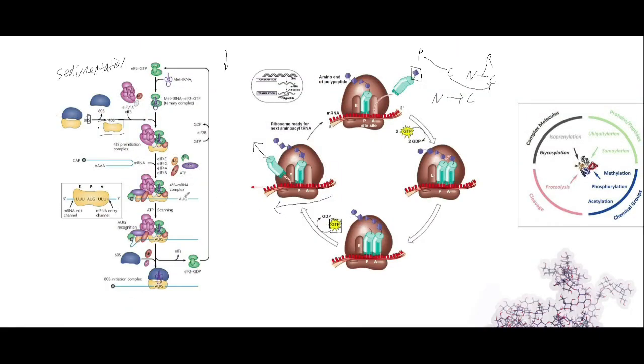It'll process along the mRNA, and once it gets to that AUG, then you can form the base pairing with the tRNA for methionine, and that will recruit the 60S subunit of the ribosome and release this other stuff here.